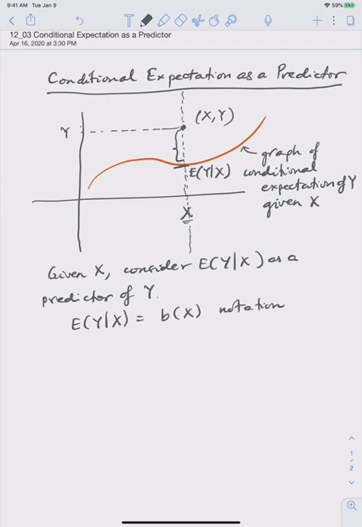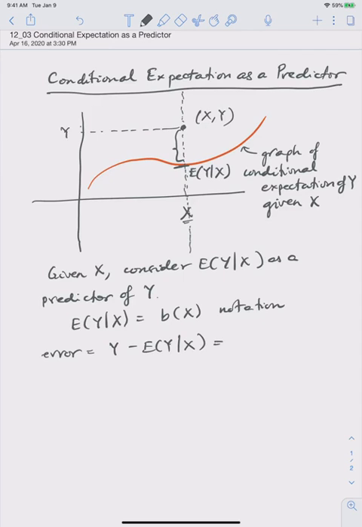But we'll see that this is a pretty good predictor of Y under certain criteria. So then the error is the vertical distance between Y and the conditional expectation curve.